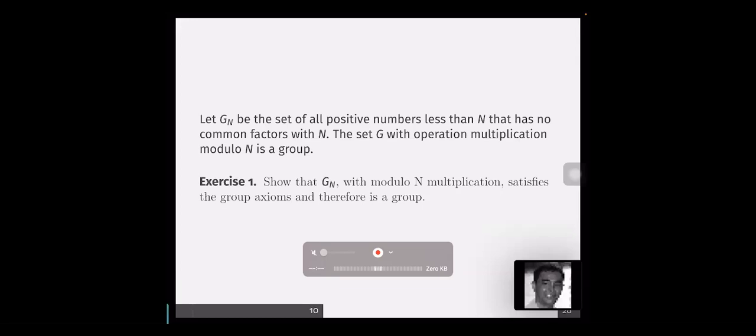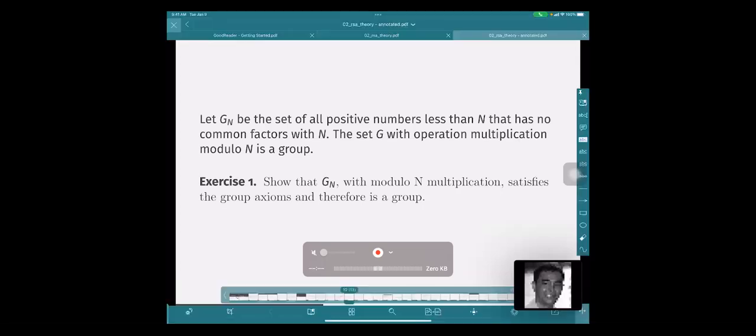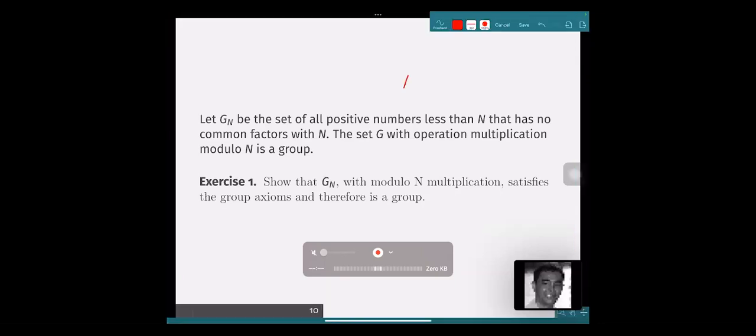Let's narrow our focus to a set of numbers that are less than a big number N and have no factors in common with it. For example, 10. What are those numbers that are less than 10 that don't have a common factor with it?